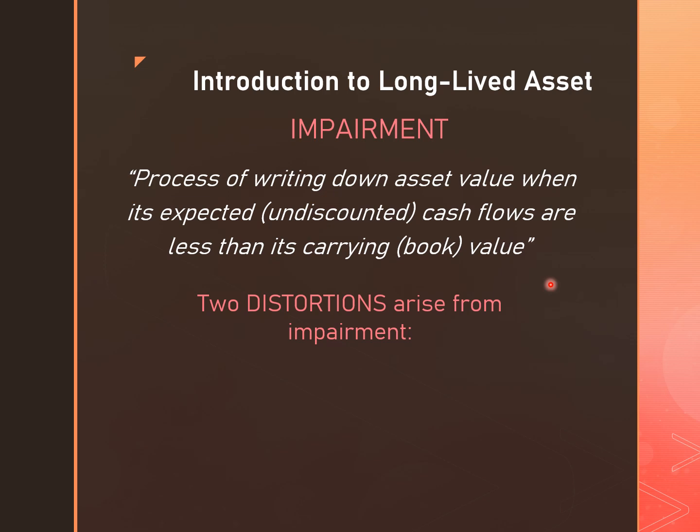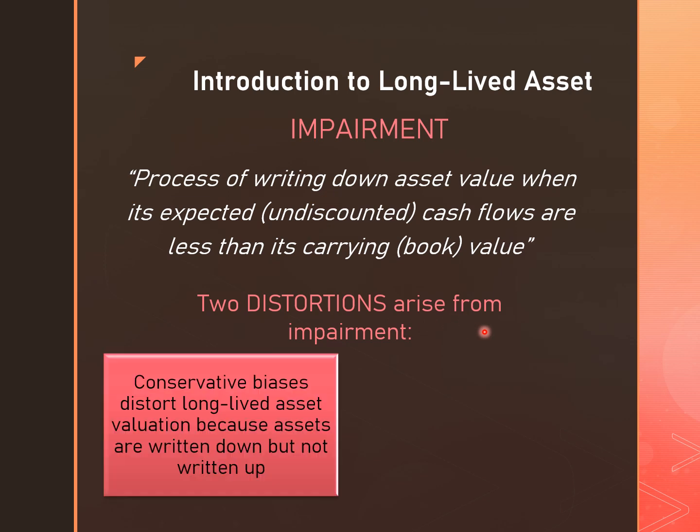So, kita kena write down the value of the asset. Okay, it would not perform as well as we expected ataupun as well as we record in our book. So, there are two distortions can arise from impairment. First one lah conservative bias that distort long-lived asset valuation because assets are written down but not written up. Okay, so asset ni biasanya kita write down kecuali land lah.